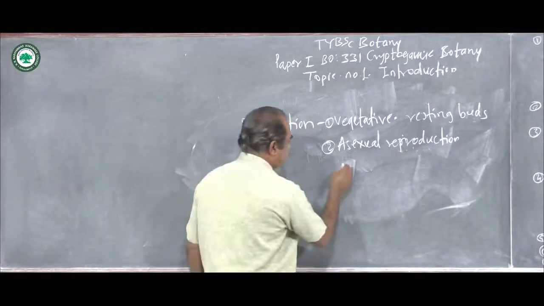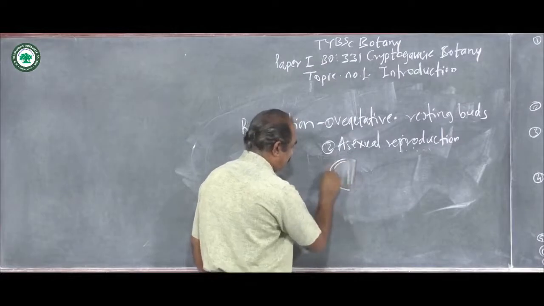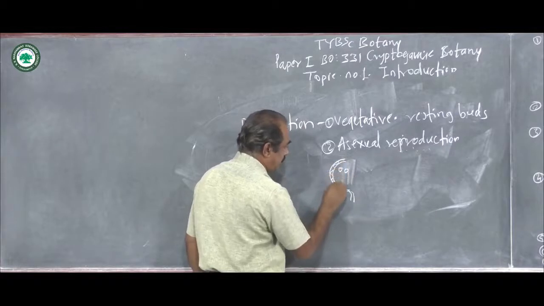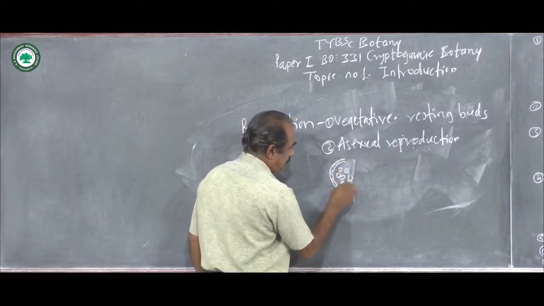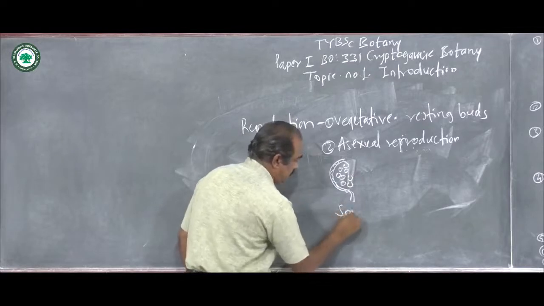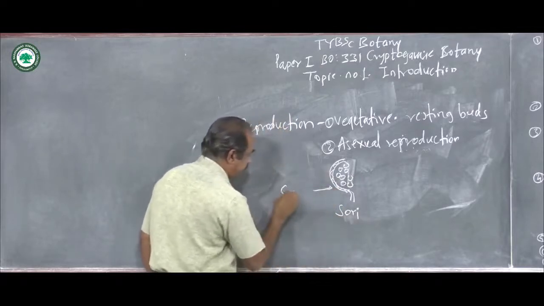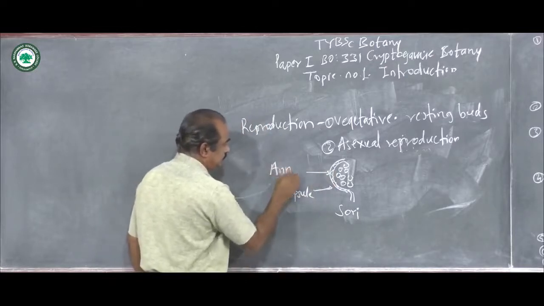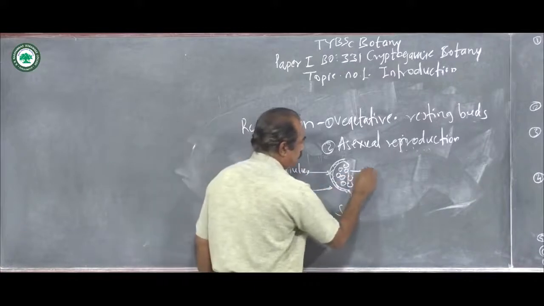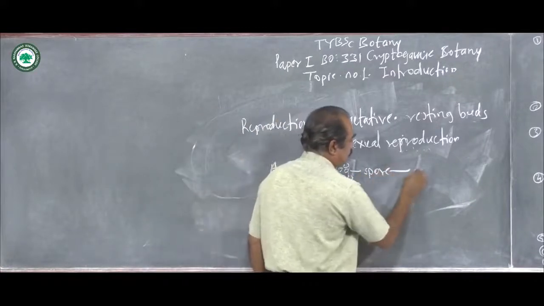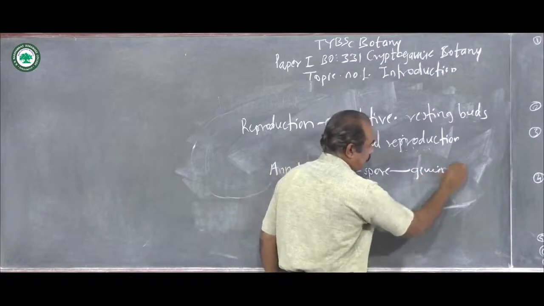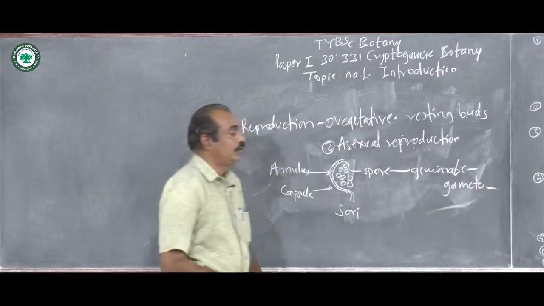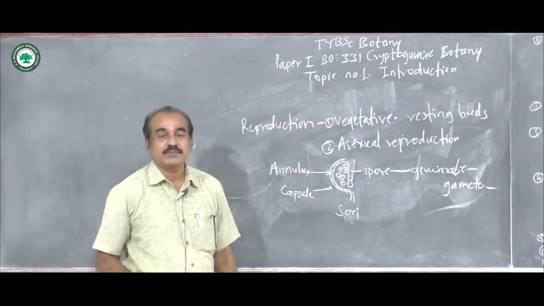For example, so this is the asexual reproduction which takes place with the help of a spore.